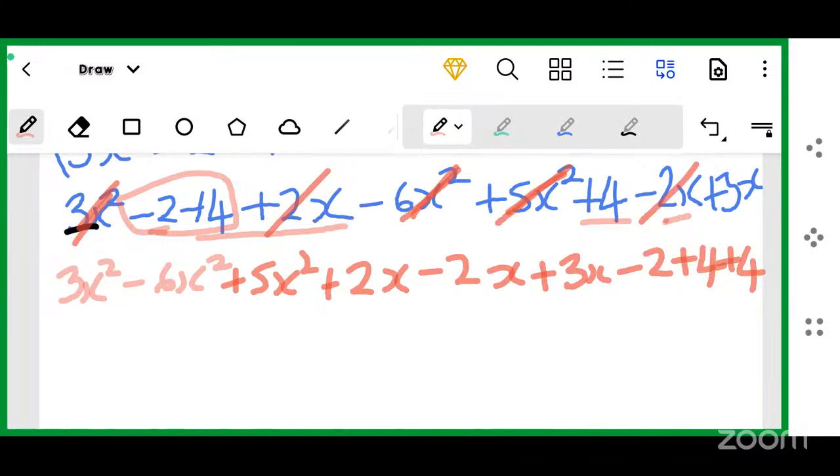And our 3x is gone. Our 2 is gone. Our 4 is gone. And lastly, our 4 is gone. So what is going to be your final answer?